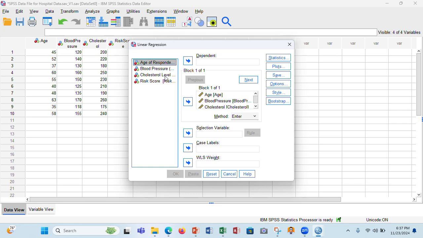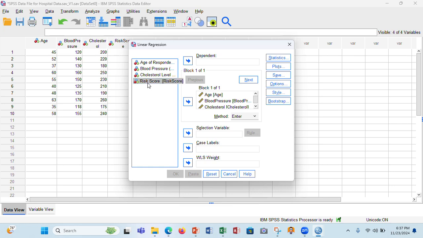Now in Linear, these are what you had here as your variables. We want to choose one variable to be the dependent variable. So we are saying let all other variables depend on risk scores.